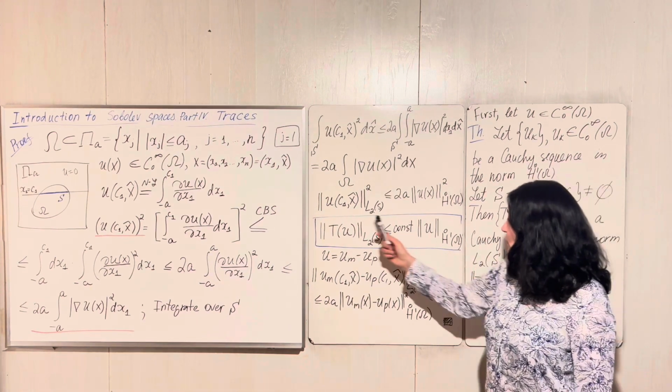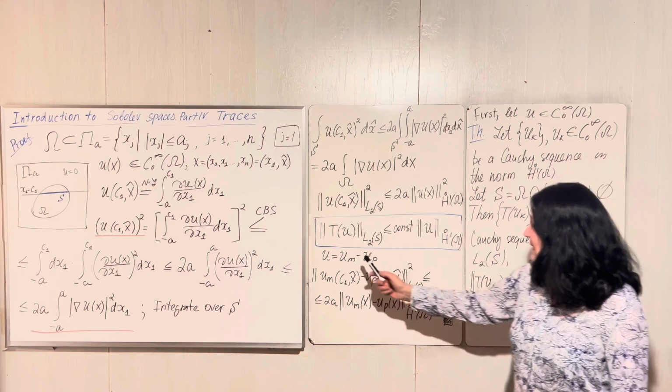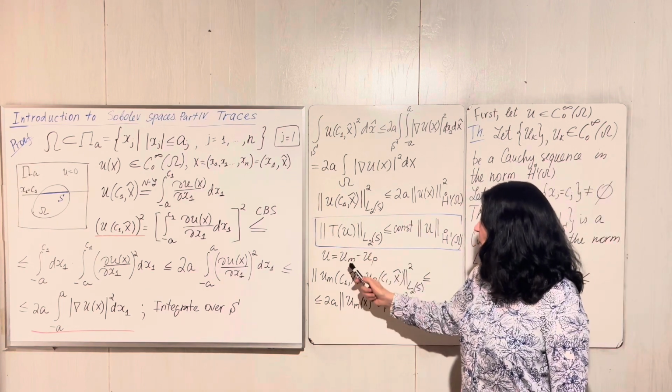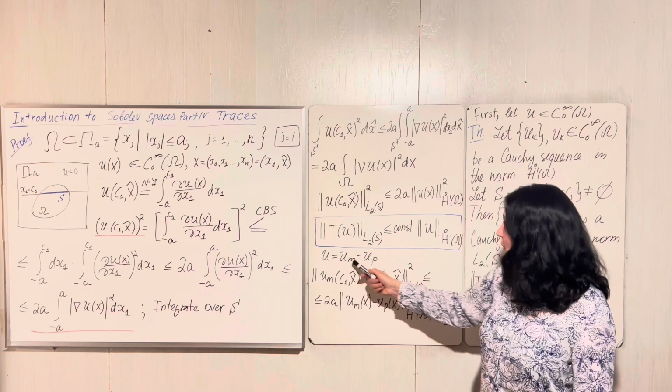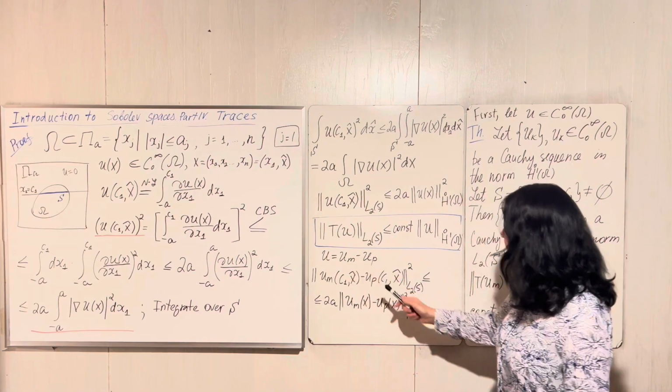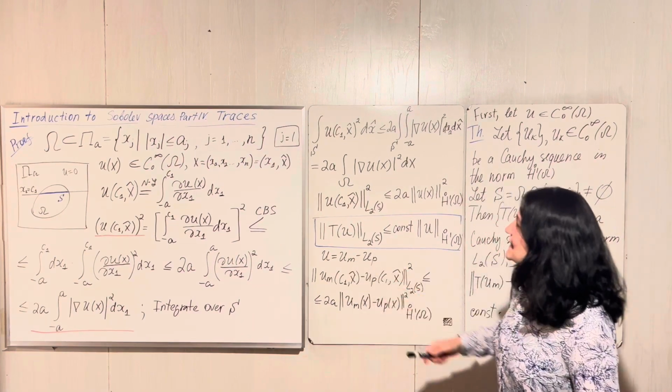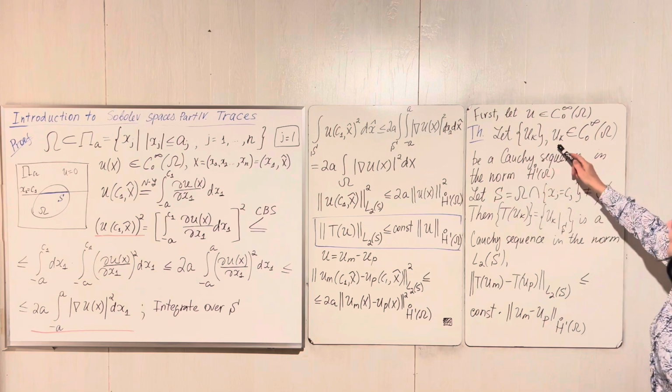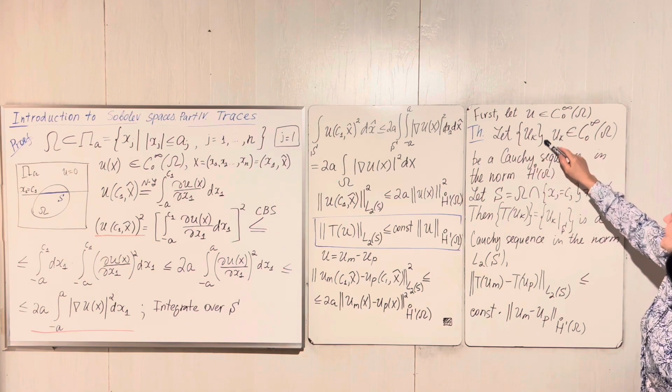And so now, just to finish the proof, let's replace u with this difference, um minus up. And um and up are both C0 infinity functions, and they are members of this sequence uk.